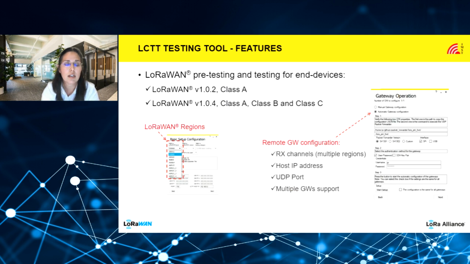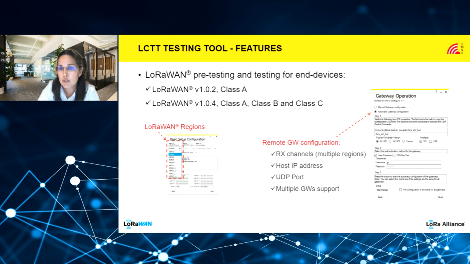And then into the LCTT testing tool, the main features are that any LoRaWAN version and the classes are able to be selected. You could also select different regions, so all the regions defined in the regional parameters document are available there.